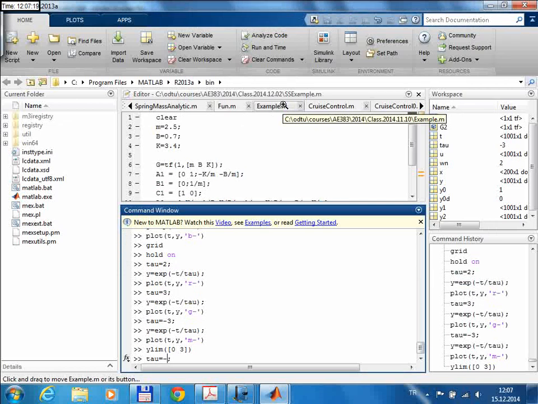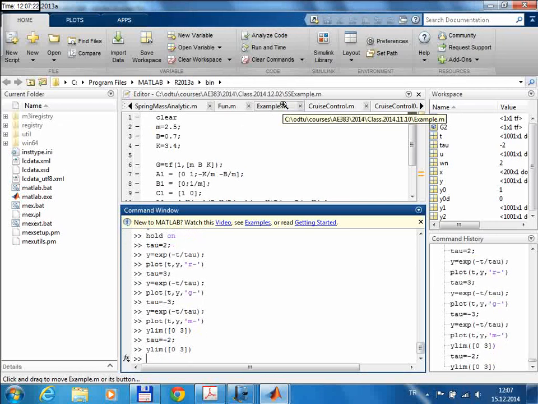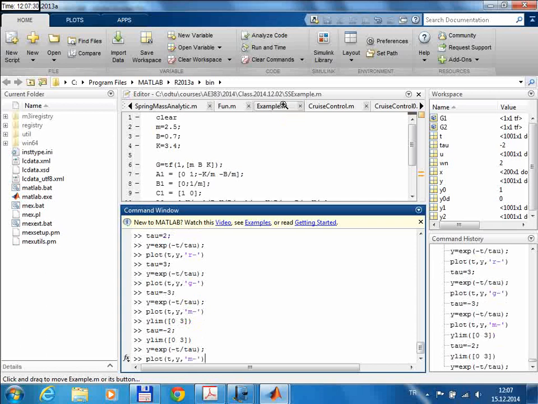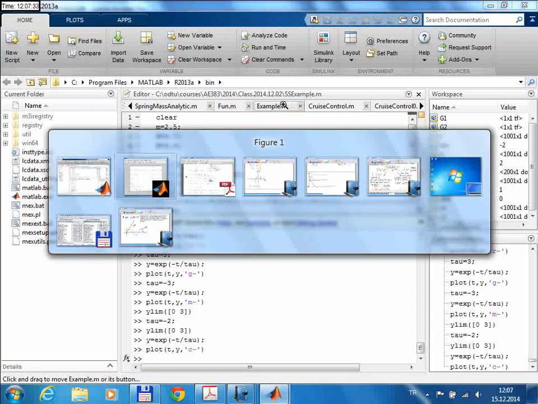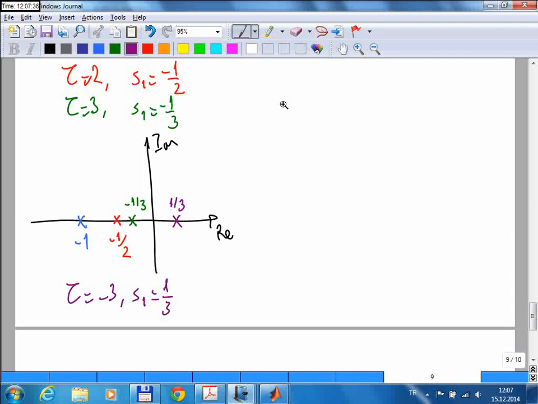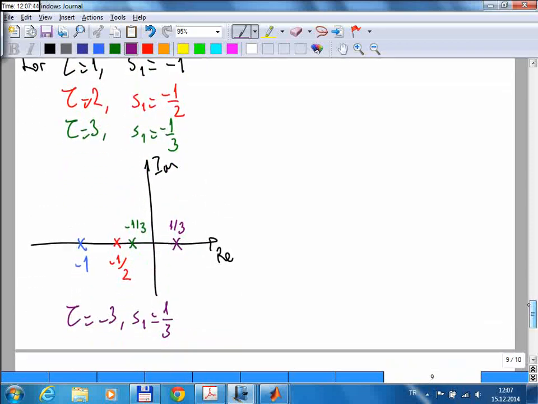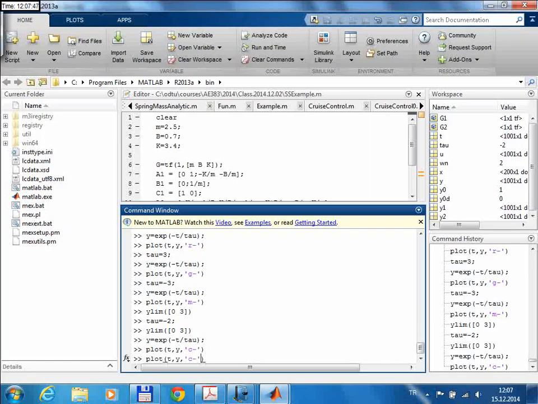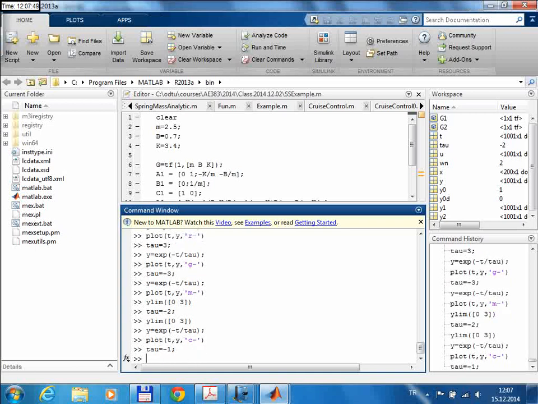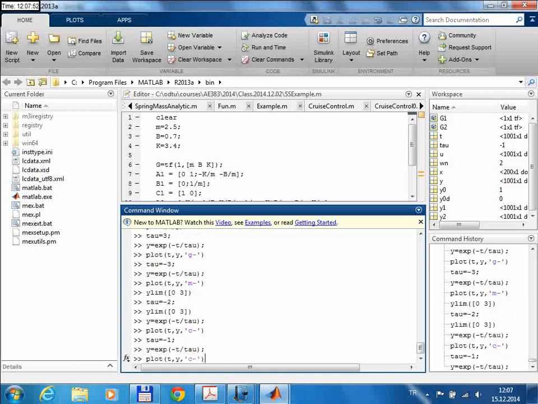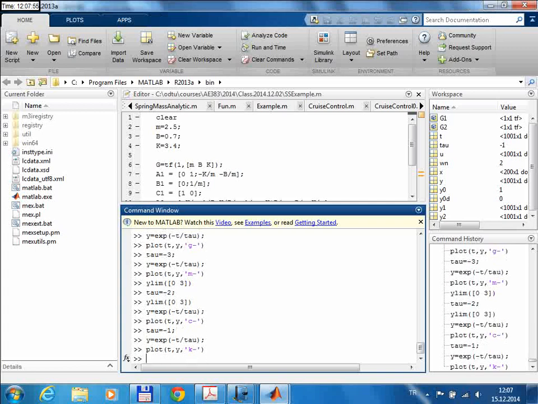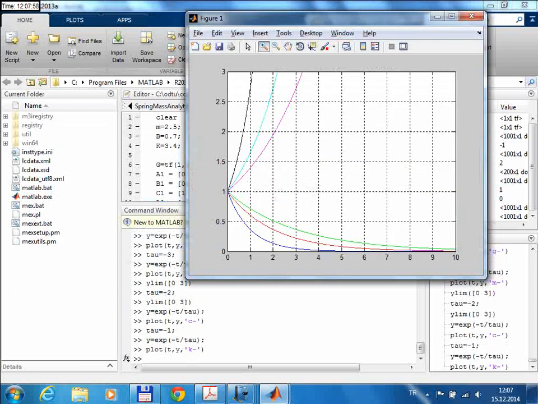And if I choose tau as minus 2, and then let me try the last one. Tau is equal to minus 1. And let this be black. Okay, so this is what we have.